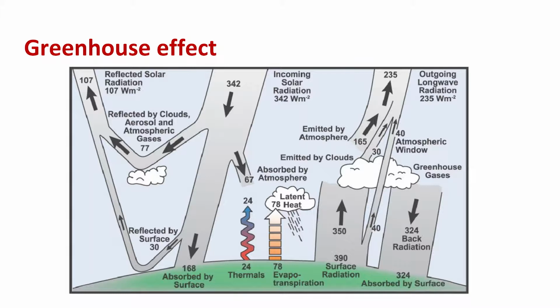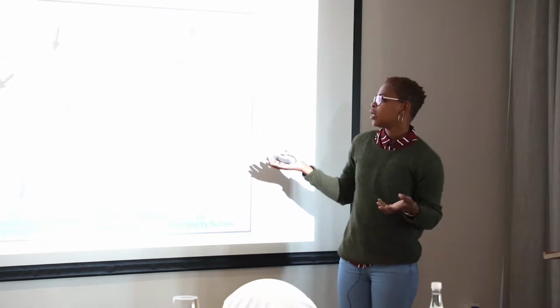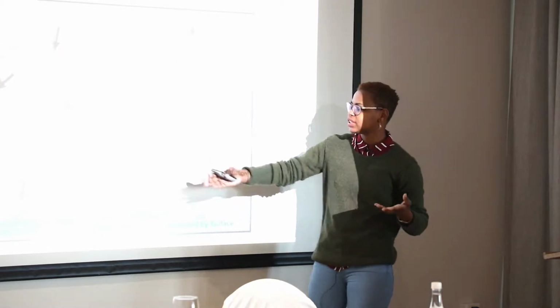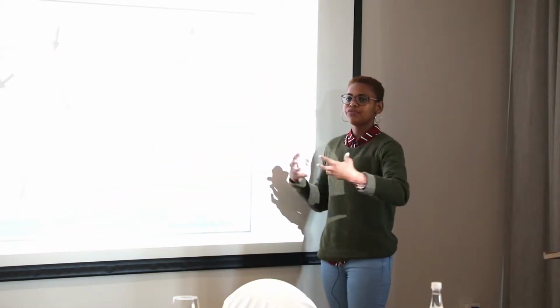We have clouds that reflect that back into the atmosphere, but some of it radiates back to the surface, which actually makes life possible on Earth. But at the same time, these gases are now increasing based on what we are currently doing, deforestation and increasing use of fossil fuels. So instead of just receiving that amount of energy from the sun, we've actually increased the temperature, which then ultimately falls through the Earth.